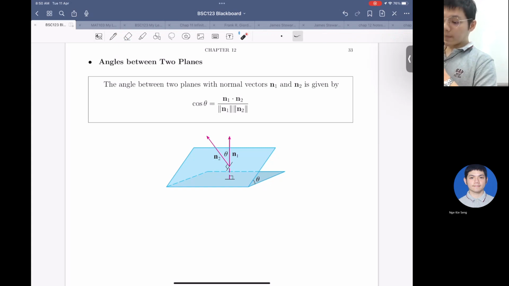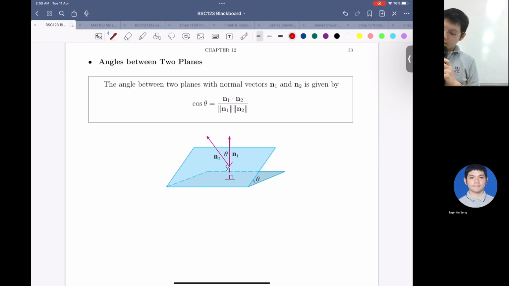What's the angle between the two planes? It is the angle here. You can obtain it in a systematic way, because planes can change. One systematic way is to use the angle between the normal vectors.